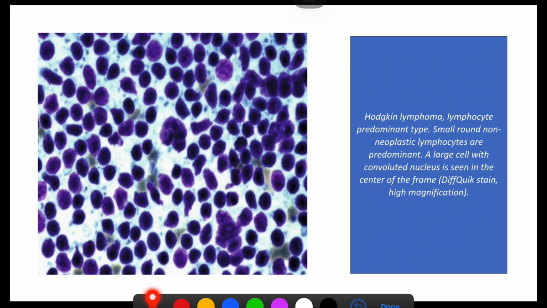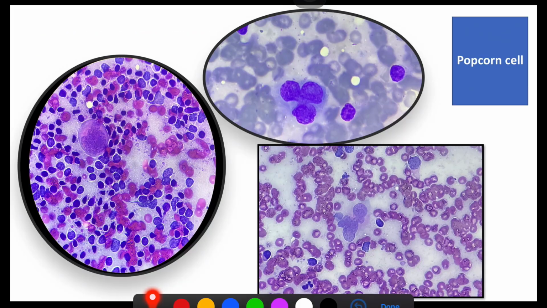So in this smear you can see the background cells showing a small lymphocytic pattern, but this is the neoplastic cell, which is large in size with a convoluted nucleus like a popcorn. So this is called popcorn cells.